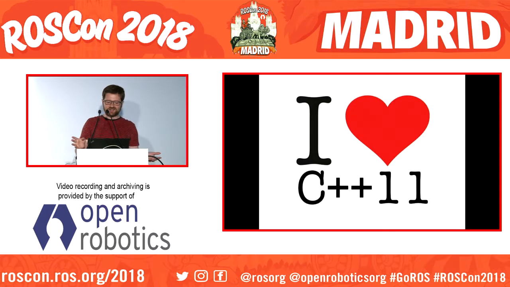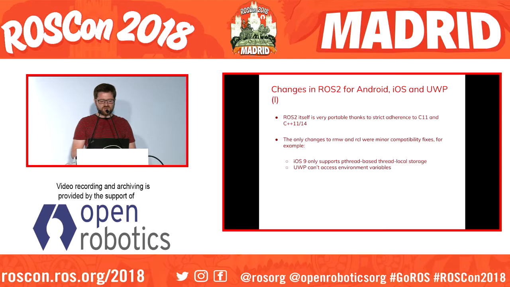I have to say that for what C++ is, C++11 is great. It makes our lives easier, and it helps a lot when writing portable code. So ROS2 started at the right time.